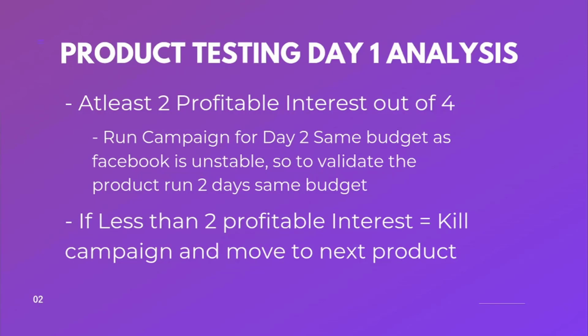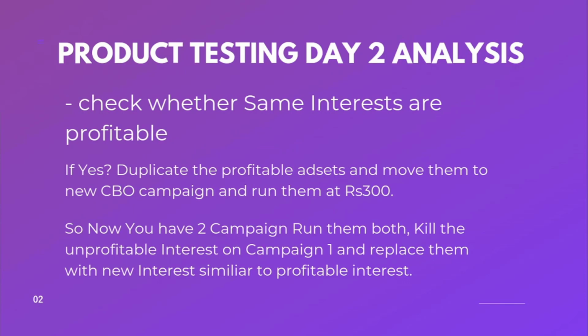I don't want to get into loss from day one, because there are many other variables to calculate, like RTOs, and here and there many other things. So I want to be profitable from day one. That is why, if less than 2 profitable interests out of 4, I'll kill the campaign and move on to the next product.